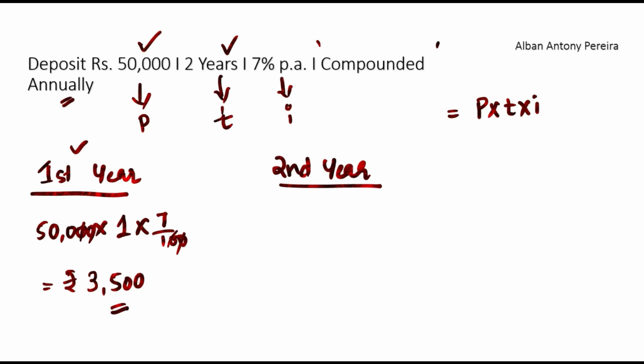So here, in case of compound interest, the principal amount is not just 50,000, whereas this particular interest which was calculated in the first year gets added to the principal amount for second year compound interest calculation.